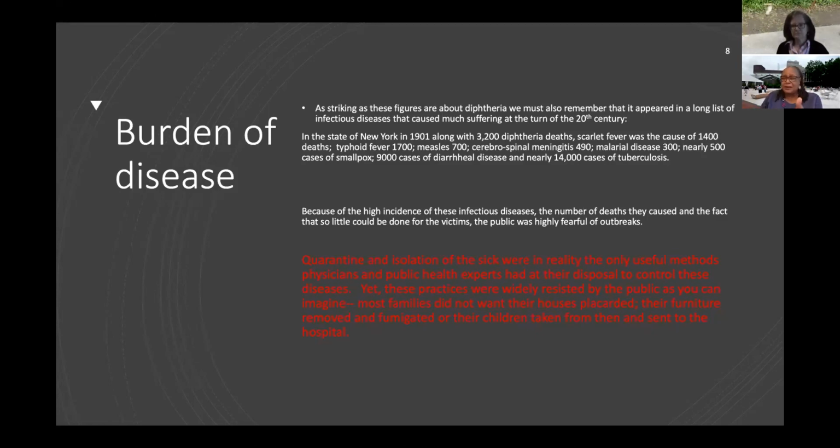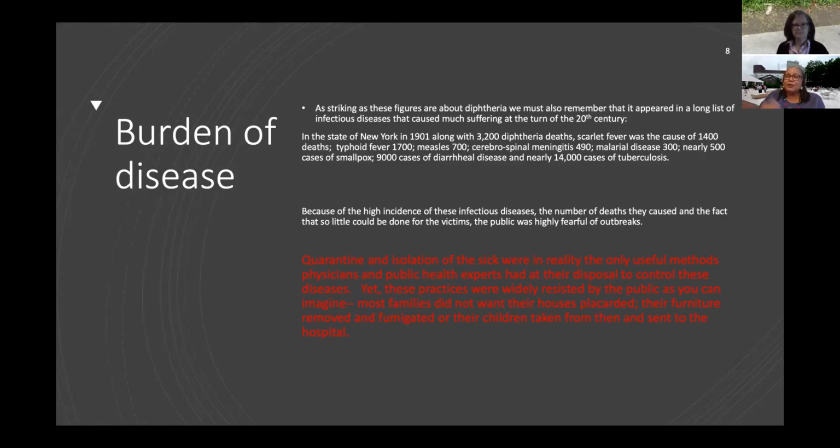And 14,000 cases of tuberculosis. And there was little that could be done for these people. And these outbreaks of infectious diseases were very frightening to the public. The public was highly fearful of such outbreaks. Quarantine and isolation of the sick were in reality the only really useful tools that physicians and public health had at their disposal. These practices were widely resisted by the public.